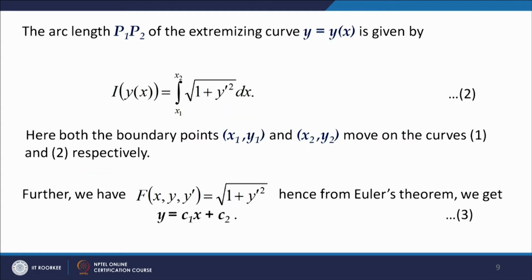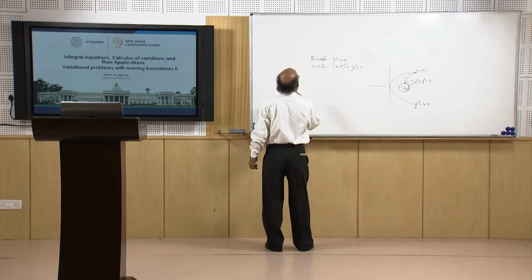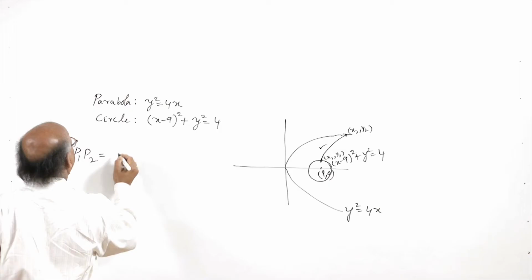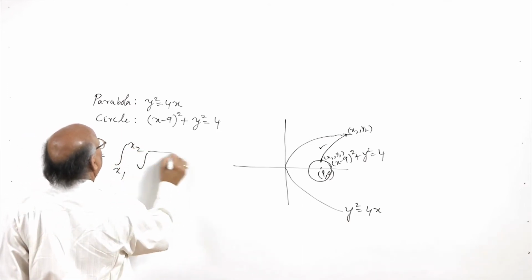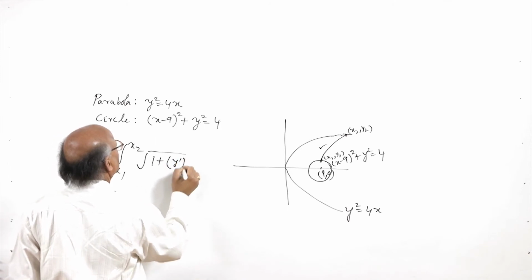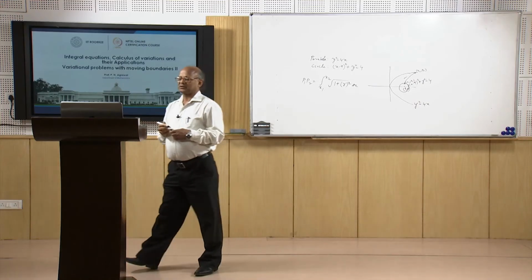Then the arc length P1P2 of the extremizing curve will be given by the integral from x1 to x2 of under root (1 + y'^2) dx.